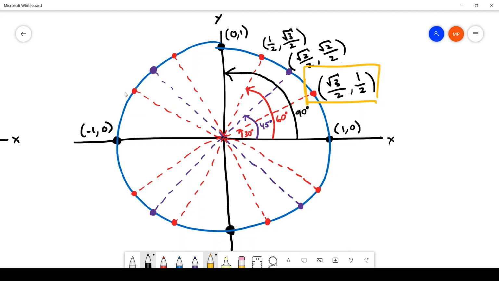And this is going to be, let me get rid of those markings, negative square root of 3 over 2, comma, 1/2. And we're going to do the same exact thing, and I'll cut to that once I have that finished.